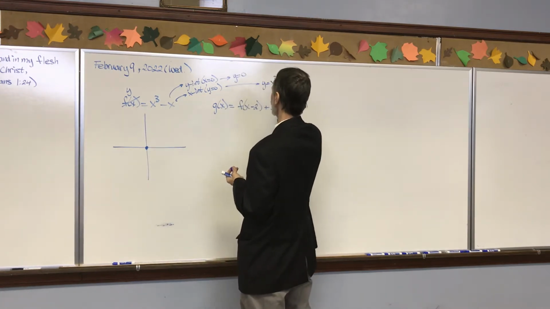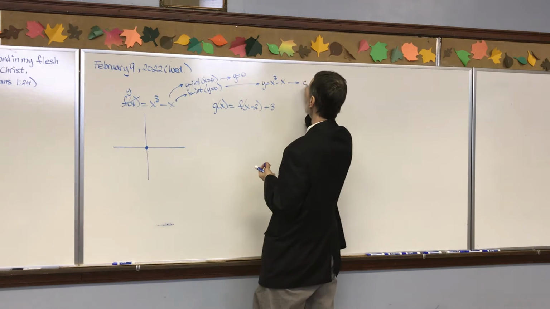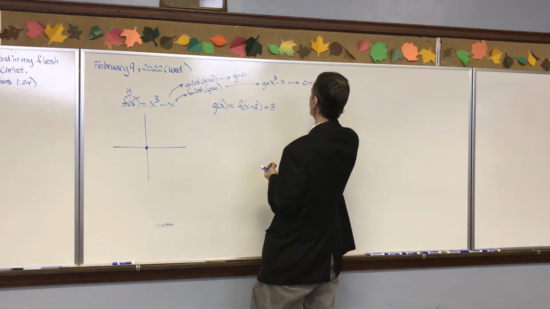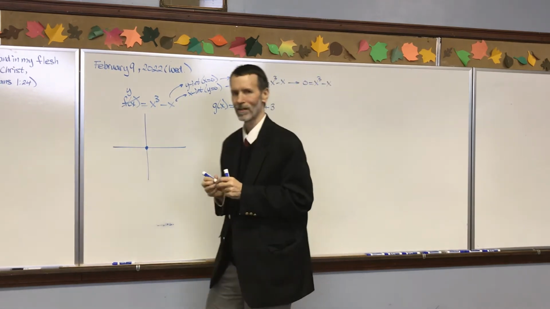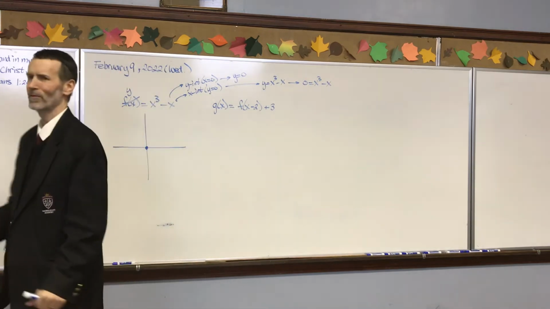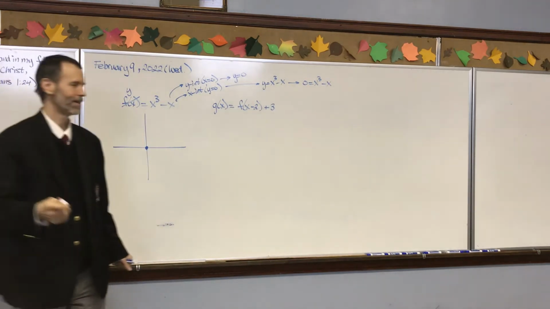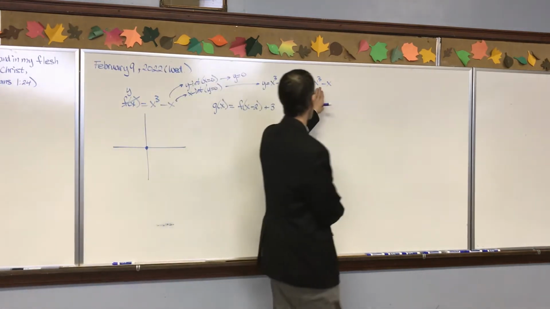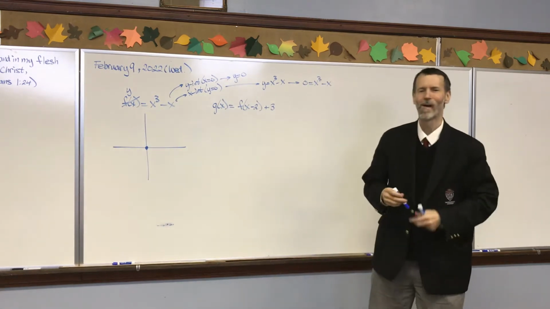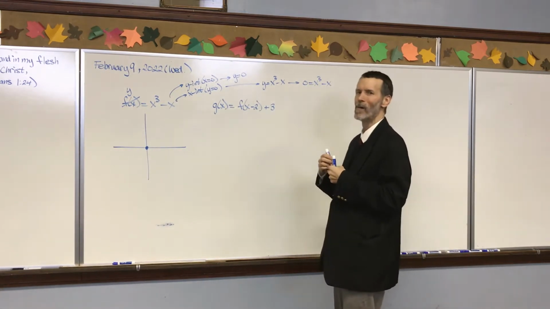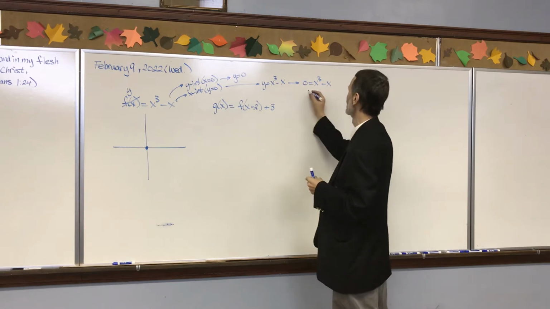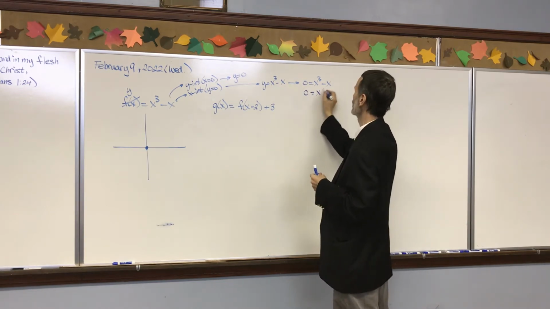x cubed minus x becomes 0 equals x cubed minus x. So how do you get the x-intercepts on that one? Mary, take over. How do you solve that? You can factor out an x, the GCF. So x times parentheses what?